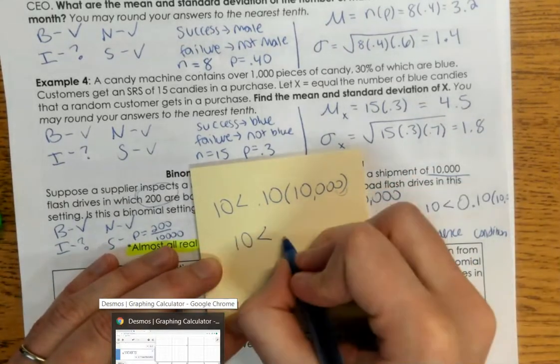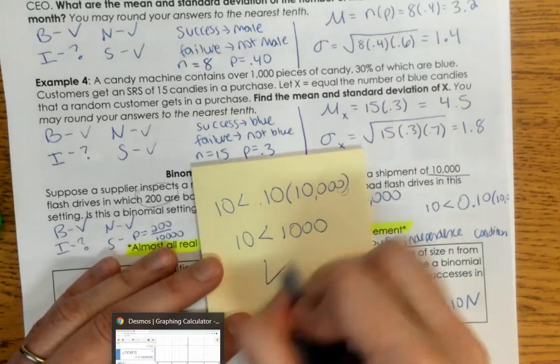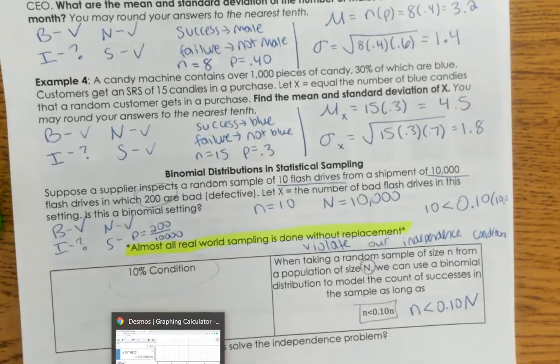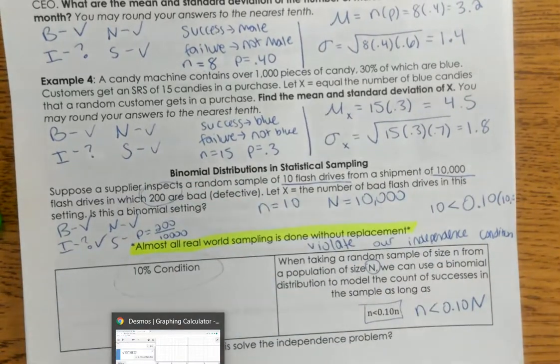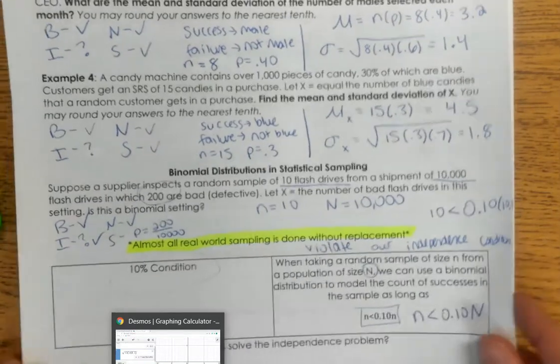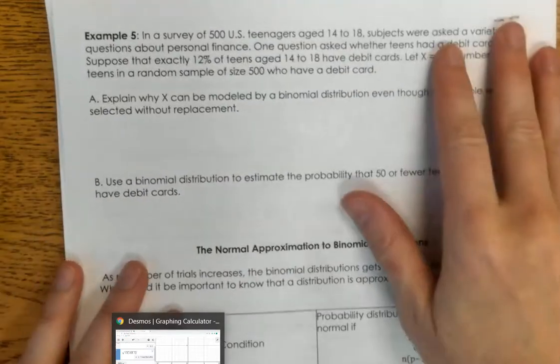So is 10 less than 1,000? Yes, it is, so I met the 10% condition. So I can say, yes, it's independent. It is a binomial setting. So I'm saying my population is so large and my sample is so small that replacement doesn't even really make that big of a difference. All right, let's go ahead and get more practice with this.